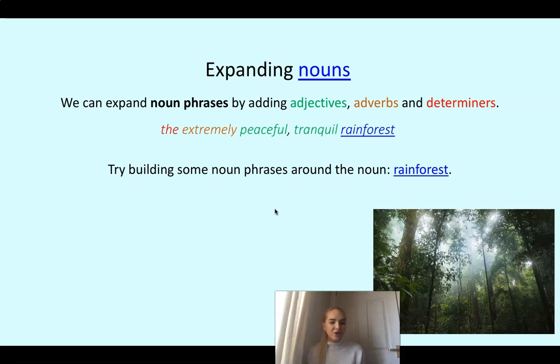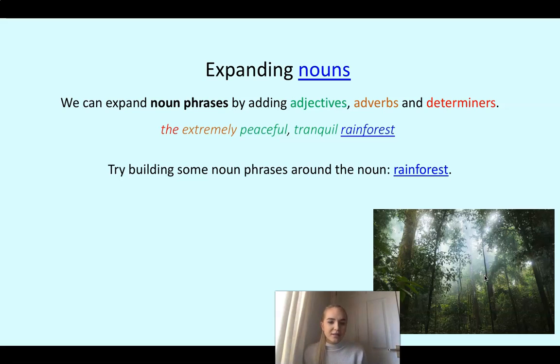What adjectives could we describe the rainforest as? And this is the picture that you have in your task 1 in your resource pack for today. So remember that when we make an expanded noun phrase, you need your determiner, your adverb, your two adjectives separated by a comma, and your noun, okay? So can you go to your resource pack now and construct 3 expanded noun phrases, please? Pause the video, off you go. Okay, how did you do?